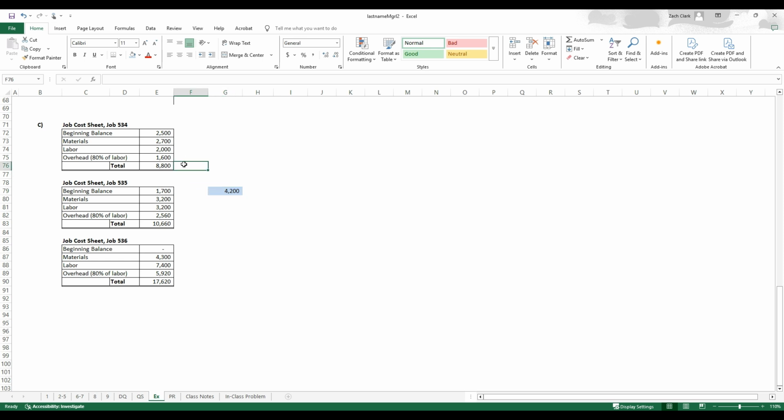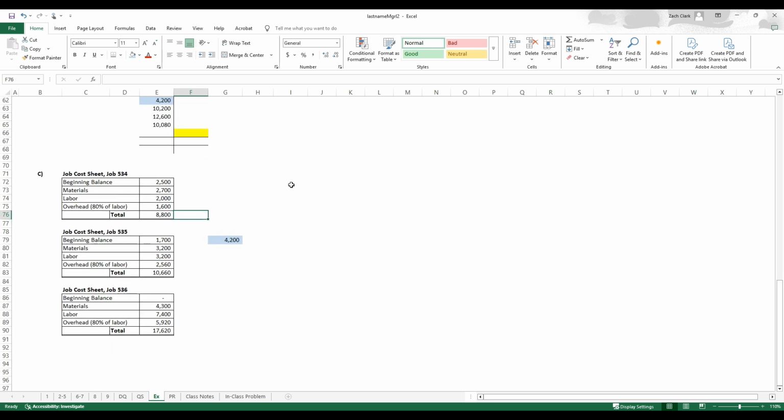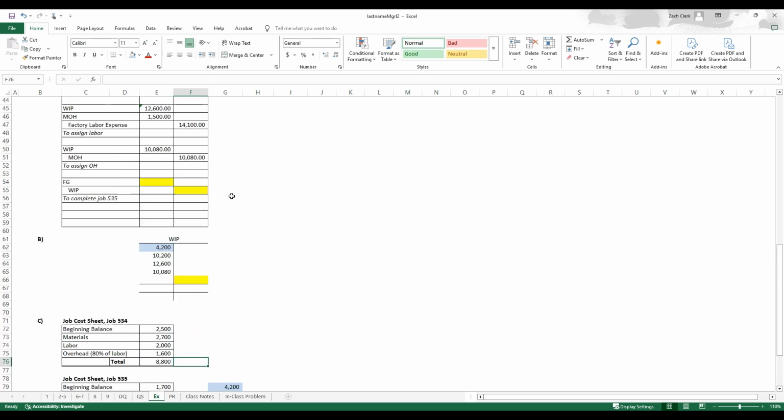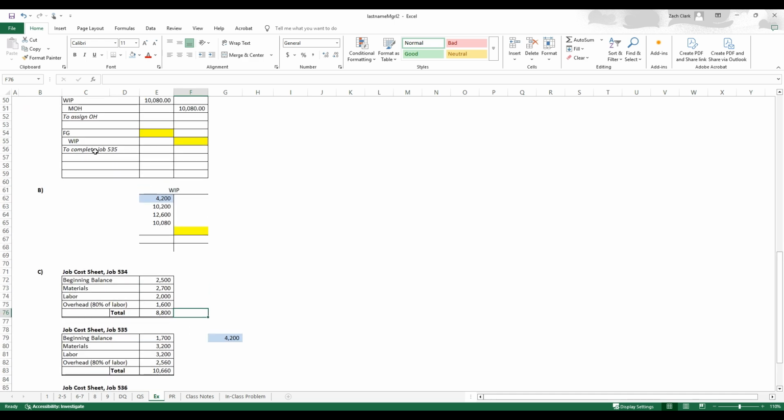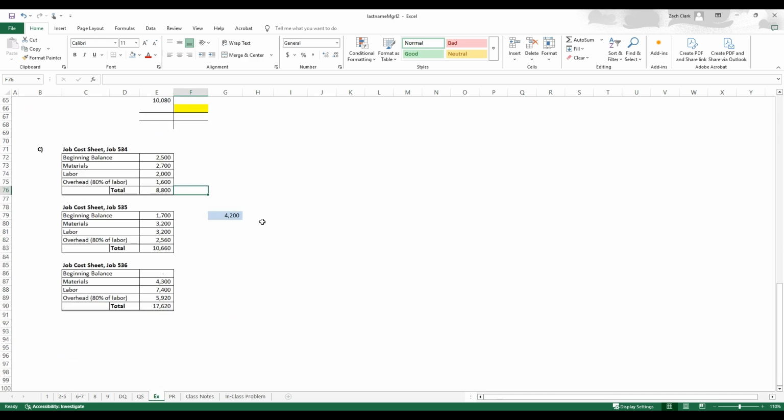Okay, so now we need to think about these. And this is what we can use to finish the rest of the problems above. So we have 535, 534, and 536. And this told us that 535 was completed during the month. And that's what we're doing here, putting job 535 to finished goods. So I'm just going to put a little identifier. This is WIP, this is WIP.